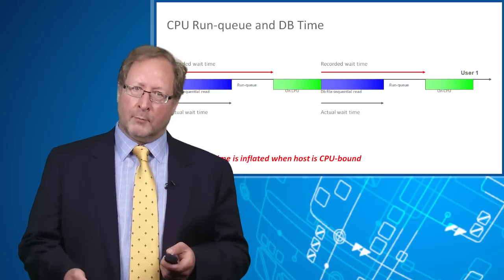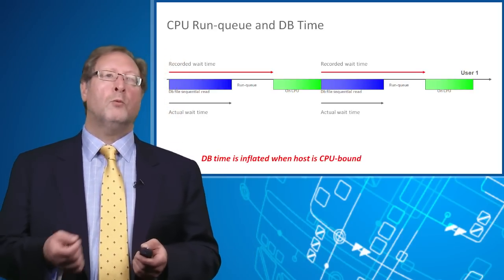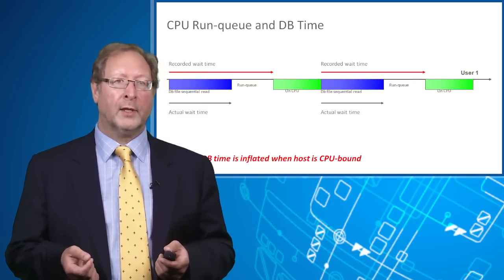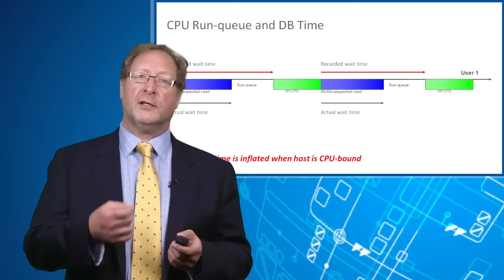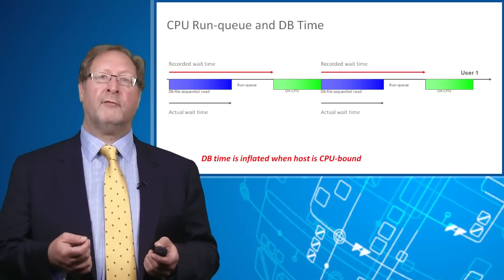So by the time we get to running the code that completes the wait event, we now have a recorded wait time which is significantly higher. So what this means is that all of the wait events show up as being very high numbers when we have a CPU-bound system.